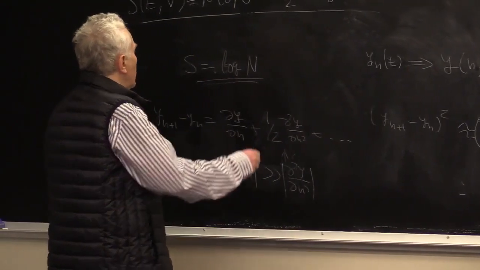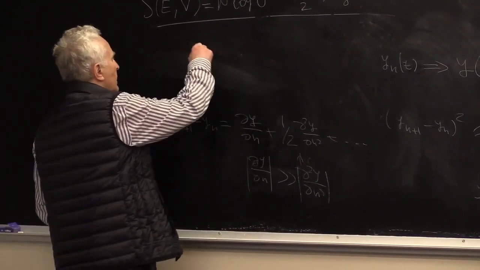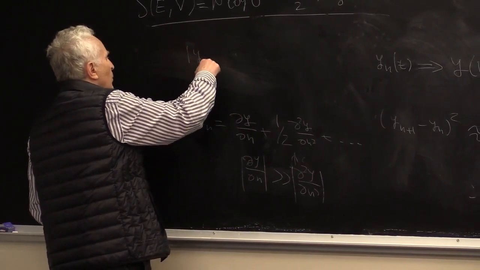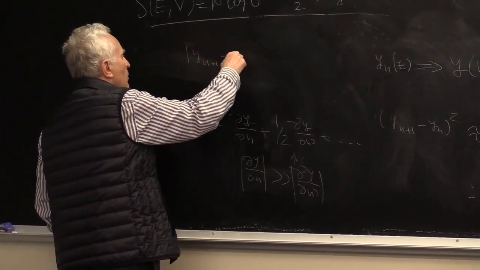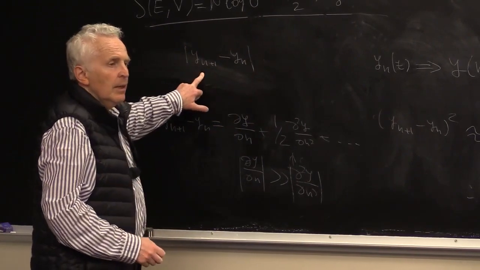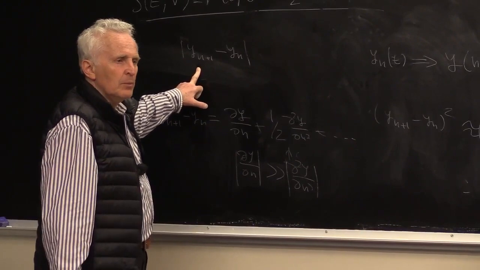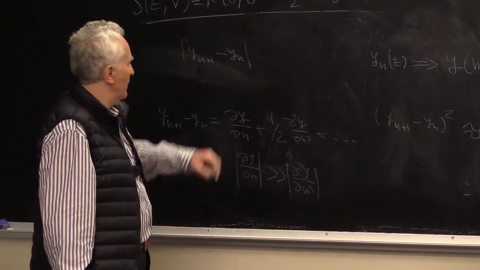You can also say a very simple condition, even more intuitive than this, namely, for the process to look continuous, we need this quantity not to be large. So what would you suggest here?